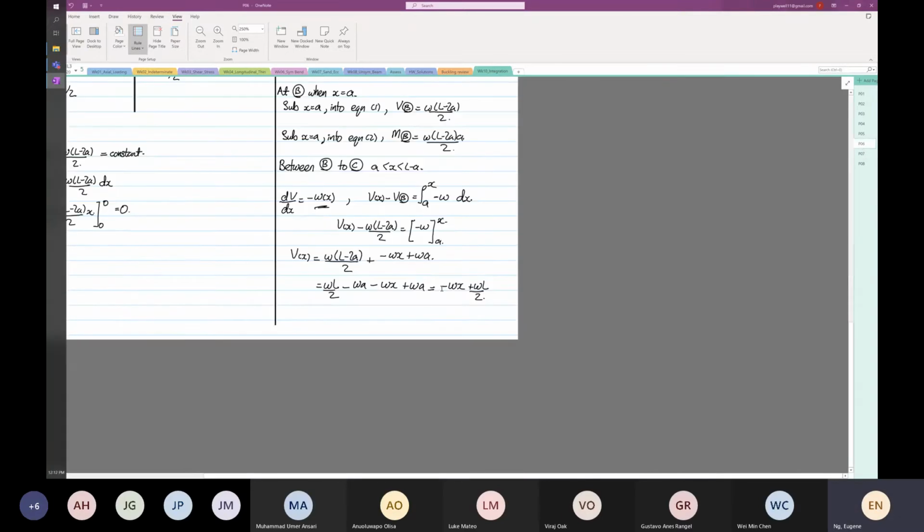We got this from the integration here, the function that I've just written, minus omega x plus omega L over 2. Now you take that and you integrate.